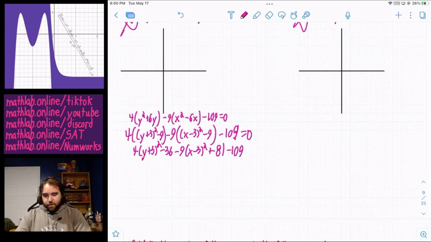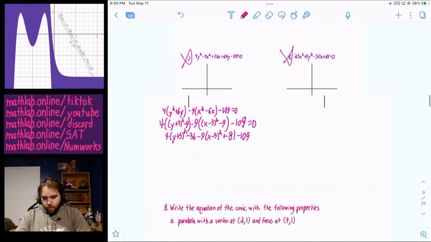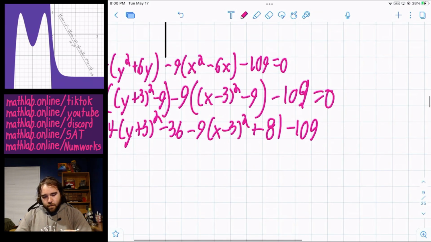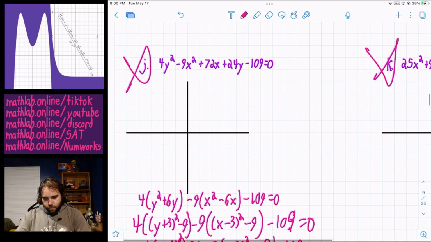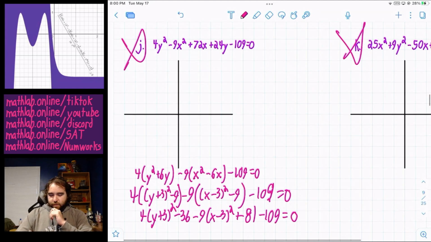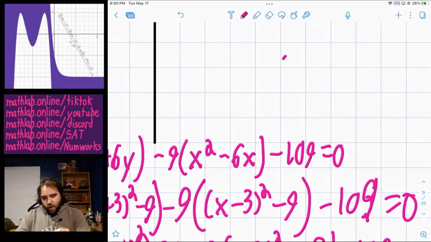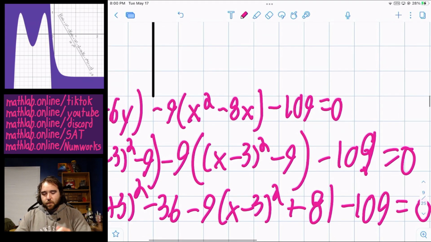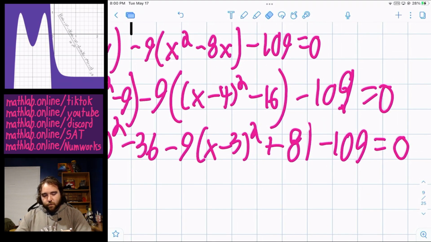Am I wrong that that was wrong? So let's make sure we did everything right. No, this is an 8. This was supposed to be an 8. Because 9 times 8 is 72. So then this is a 4, and this is a 16. 9 times 16 is 144.